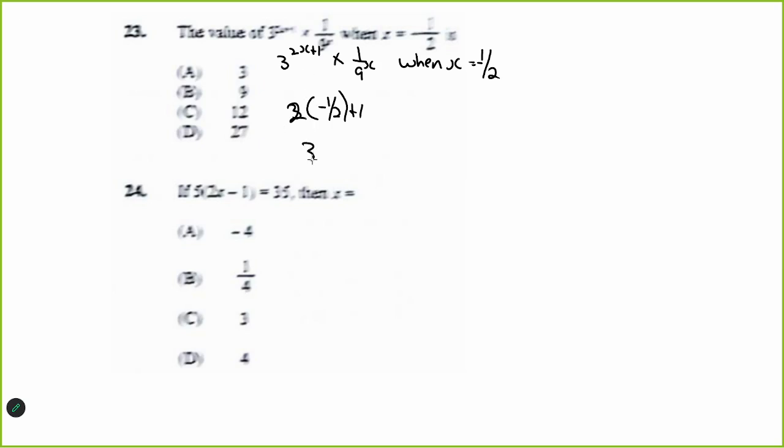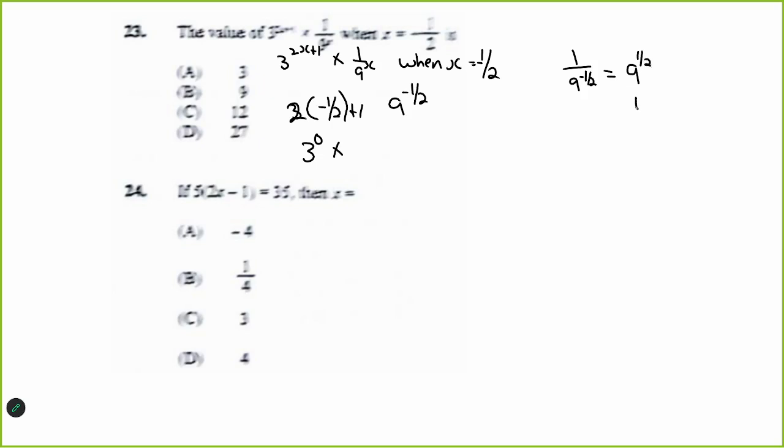So this would be 3 to the power of 0 multiplied by 9 to the power of negative a half. Recall a to the negative m is equal to 1 over a to the power of m. So 1 over 9 to the negative a half is equal to 9 to the power of a half.